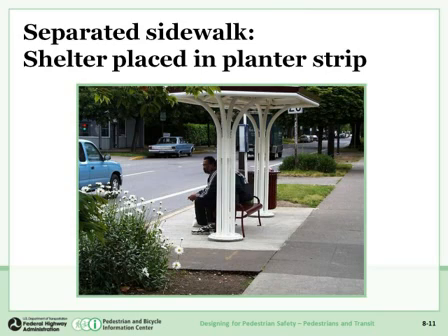And again, I just want to emphasize that caution should be exercised when placing shelters in the furniture zone at intersections, because the shelters, or even people waiting in the shelters, may create sight distance obstructions for vehicles that are turning around corners.